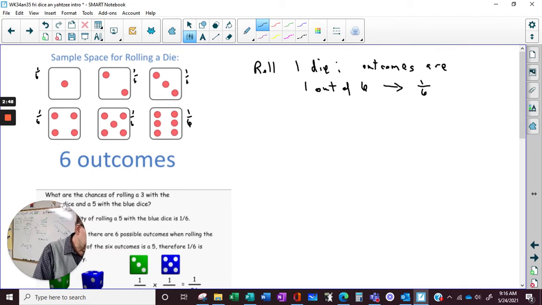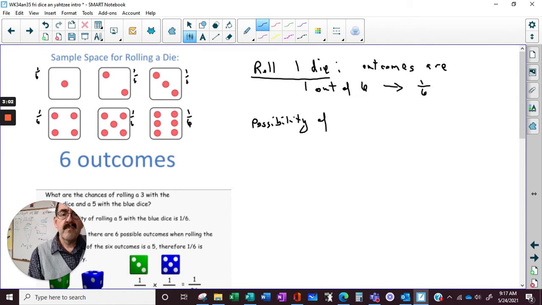Okay. Now let's take it one step further. If we roll 1 die, what's the possibility of an even number? Okay, if you have to, pause this video, have a class discussion. Roll 1 die. Boom. What's the probability of getting an even number? Good. A 2, a 4, and a 6, right?